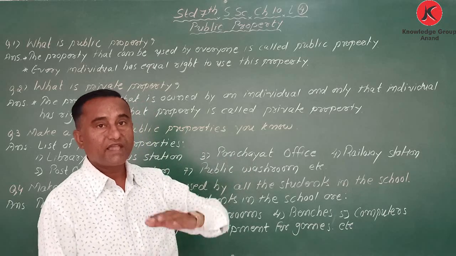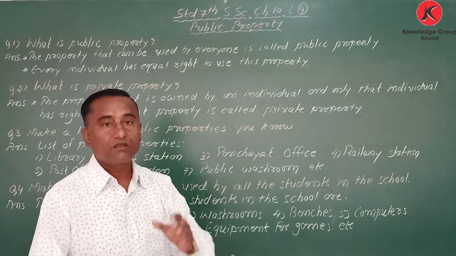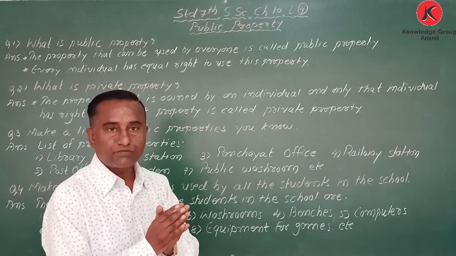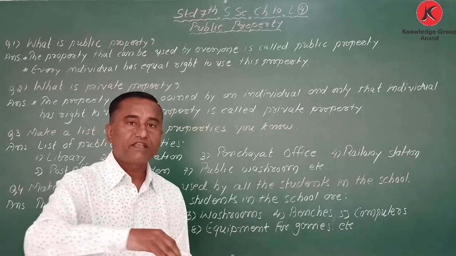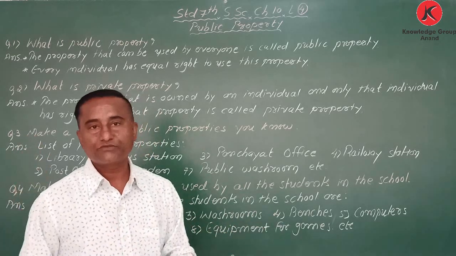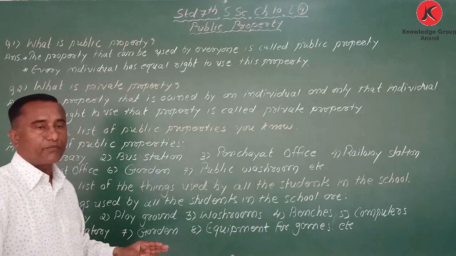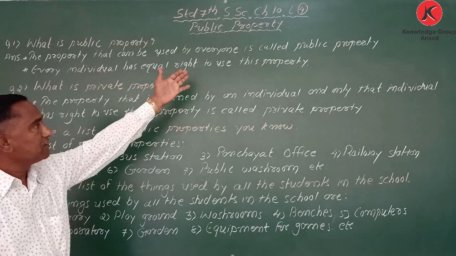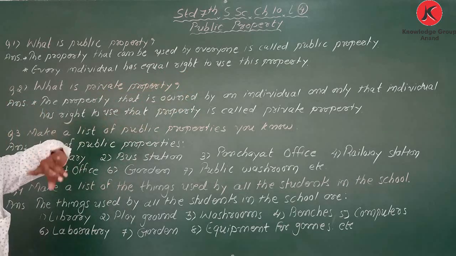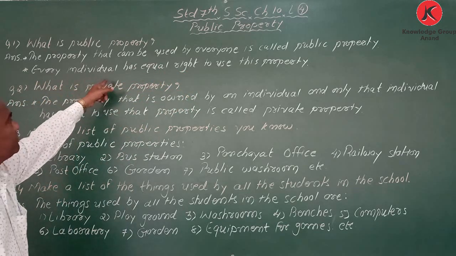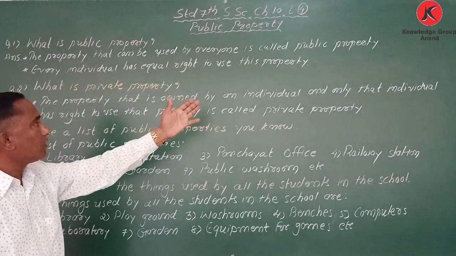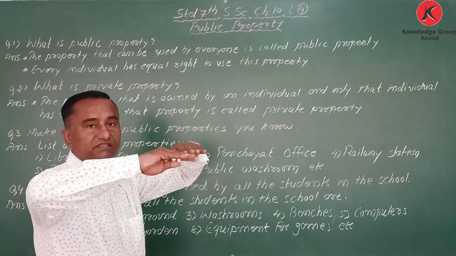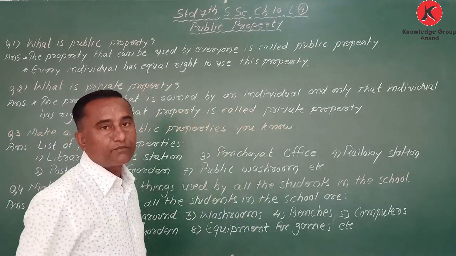So we cannot say I can take the things home. Take bus services given by the government, that is public property. We cannot say I will take the bus home. No, my dear student, that is not proper. So every individual has the equal right to use this property.